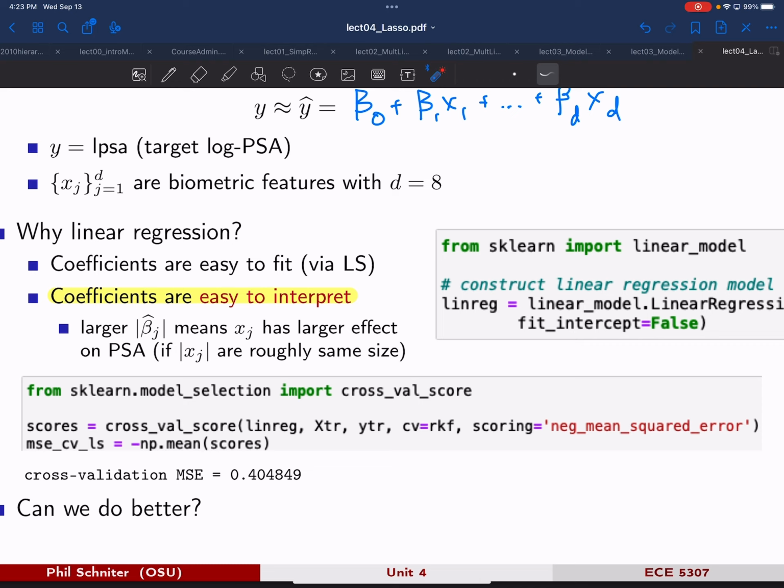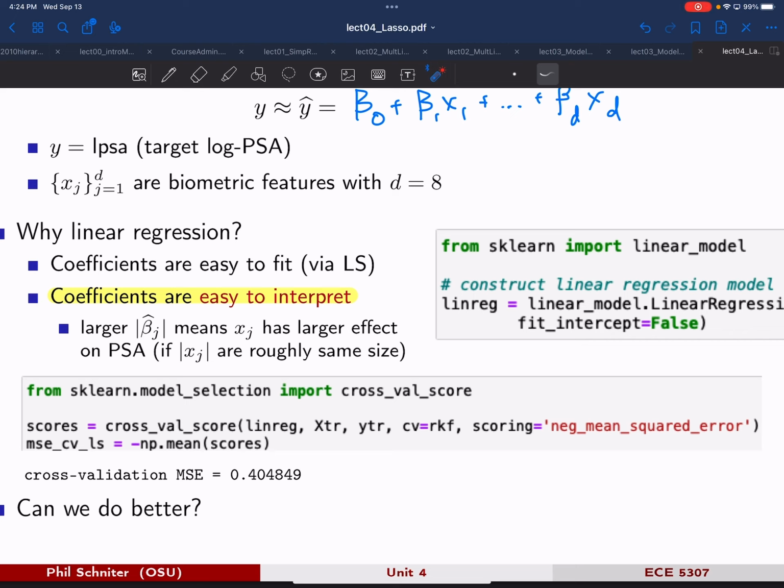Okay, so basically you set up this cross-val score thing, you run it, it does all the cross-validation, it computes many different fits, k different fits of the linear regressor, or in this case, depending on how many different repeats you have. And at the end of the day, it gives you a vector of scores, one for each fold.